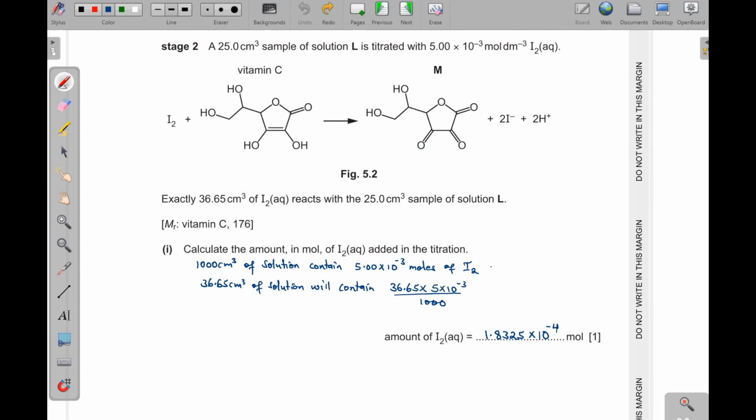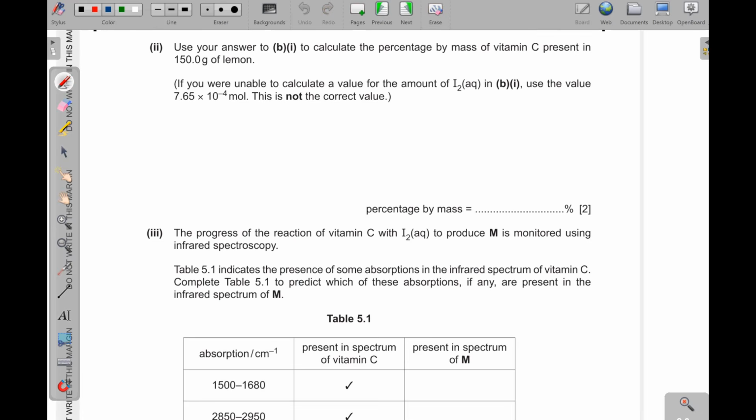So this simply implies that the moles of vitamin C that reacted will be equal to the moles of aqueous iodine that reacted, which is actually 1.8325 times 10 to power negative 4.